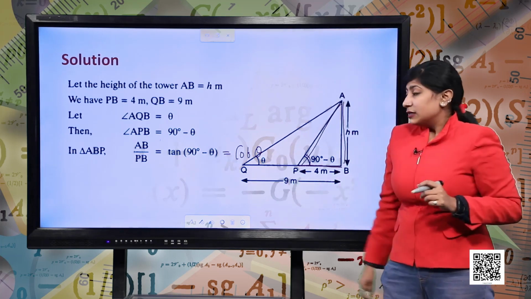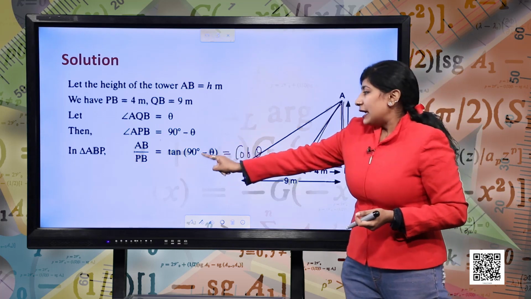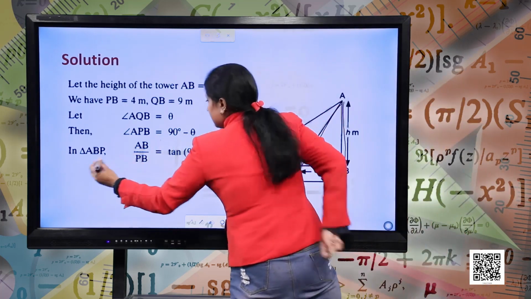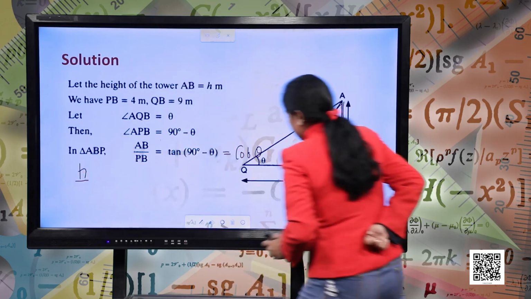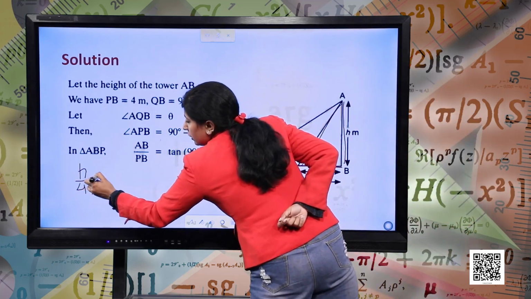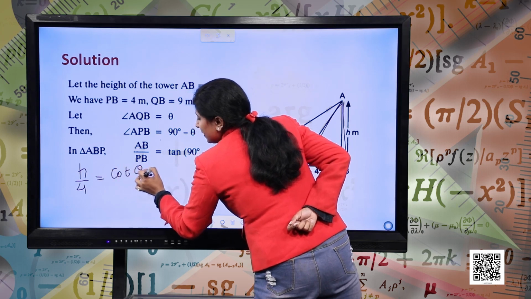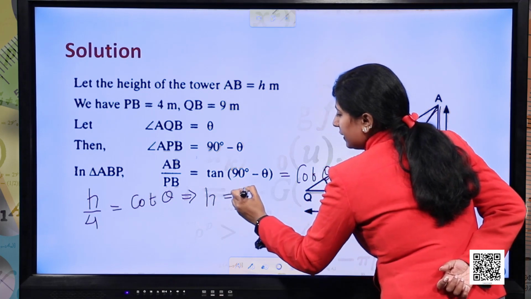You have studied that tan and cot are complementary. So tan 90 minus theta is cot theta. So AB, that is h upon PB, which is 4, is equal to cot theta, which means h equal to 4 cot theta.